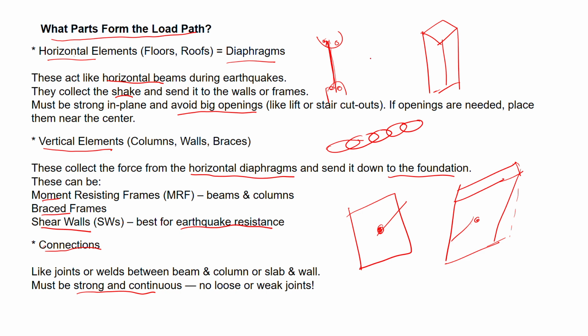If you want the load to be transferred, it should be connected thoroughly, right? Only then will the load be transferred. If there is no connection, imagine like this, what is the point? There won't be any load transfer. That is how it works. And there should not be any weak joints.